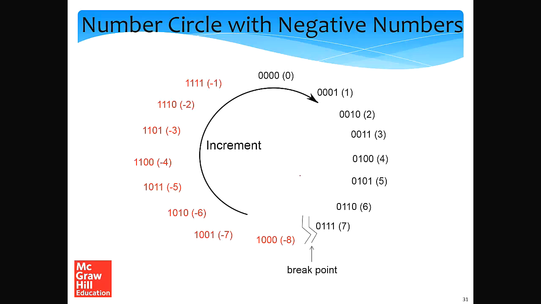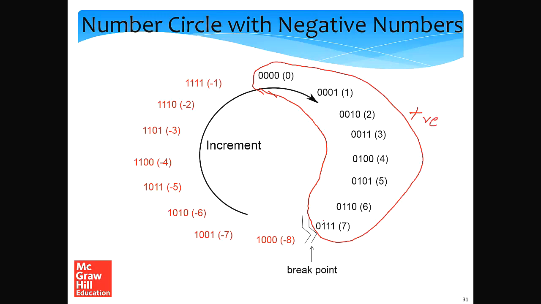So what I can do is something really interesting. I can take the same number circle and use the concept of the sign bit. So I can treat all of these numbers from 0 till 7 as positive numbers, and after 7, I can treat them as negative numbers, but in a special way. So after 0, 1, 1, 1, the next number is 1, 0, 0.